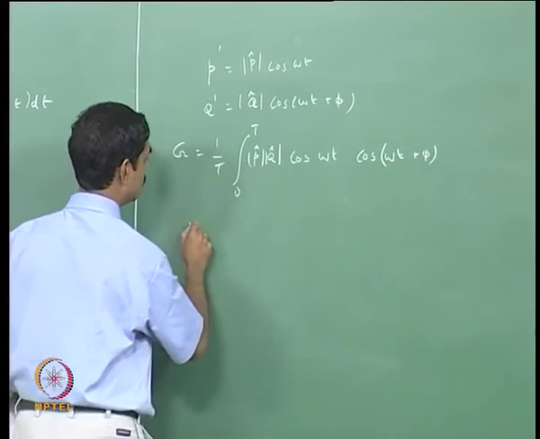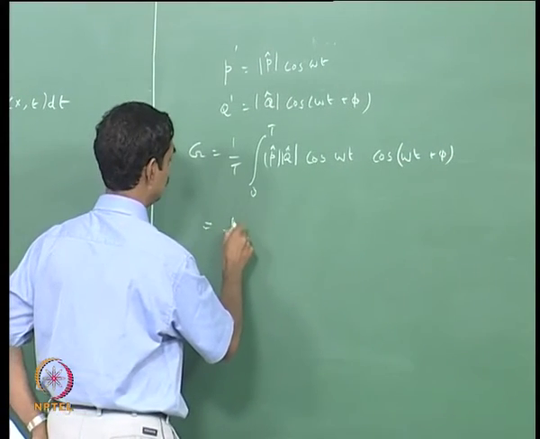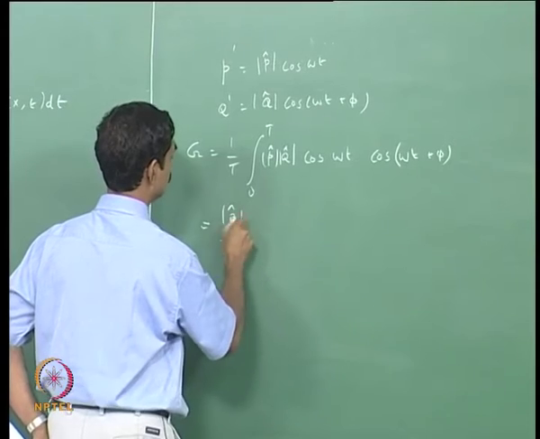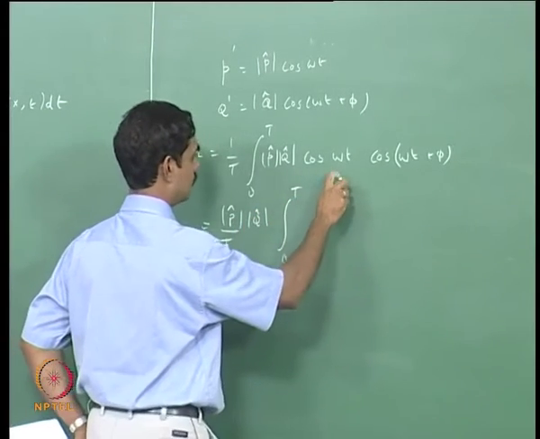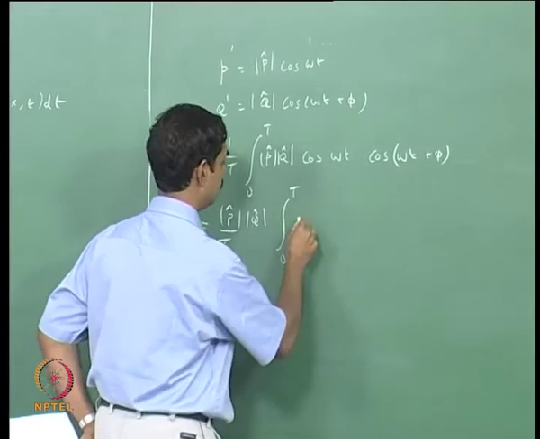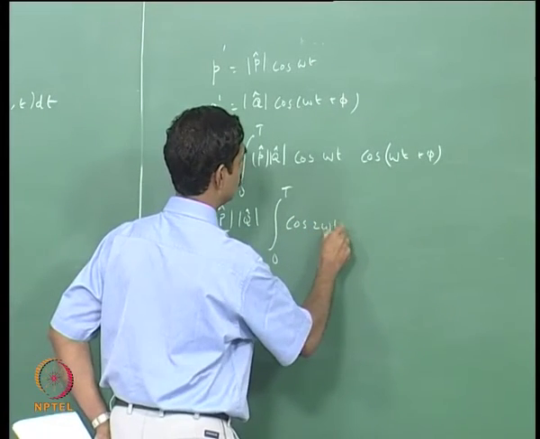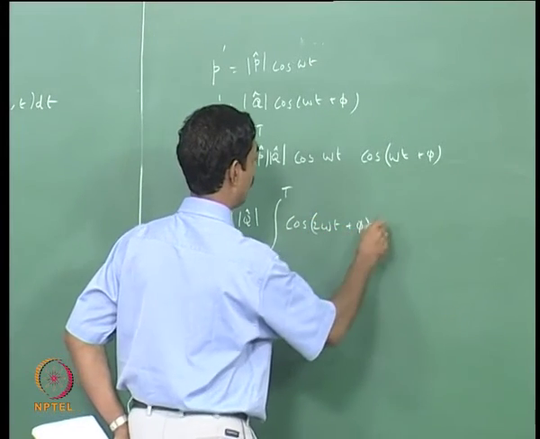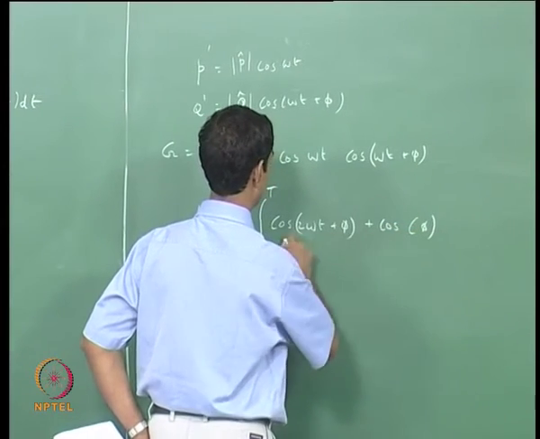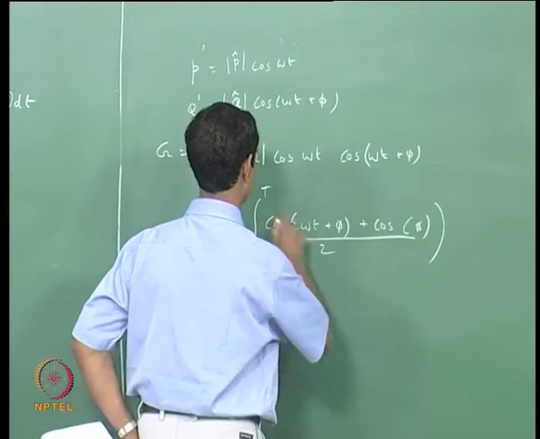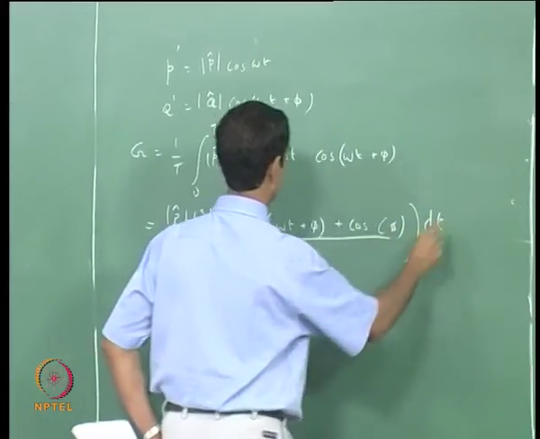This we can use a trigonometric identity and say cos A plus B would be cos 2 omega t plus phi, plus cos A minus B would be cos phi, divided by 2, dt.